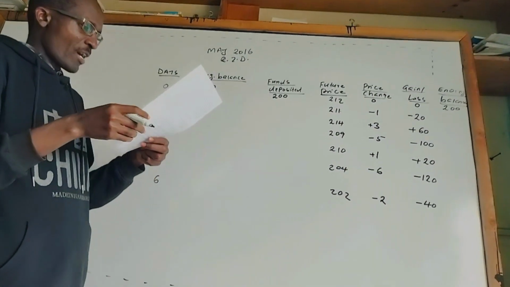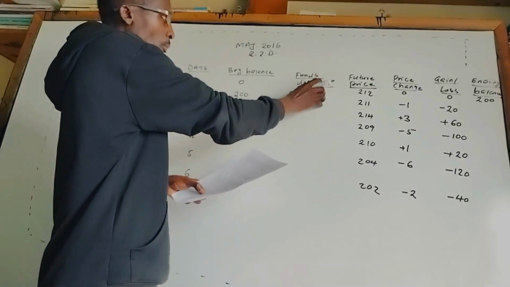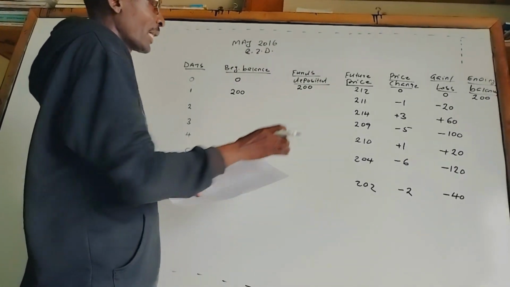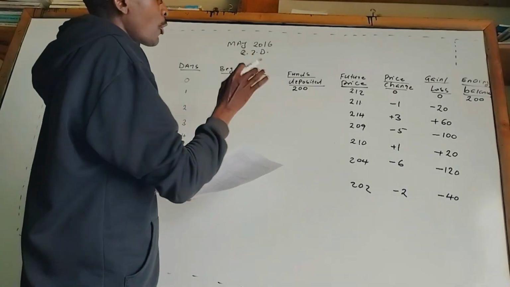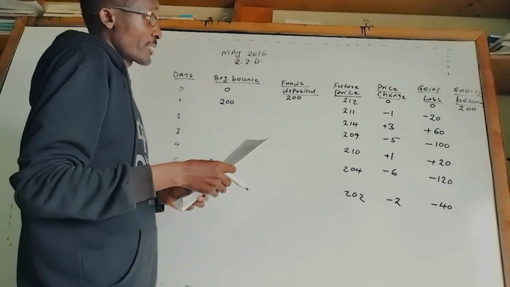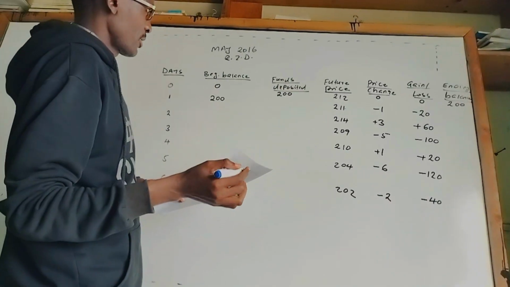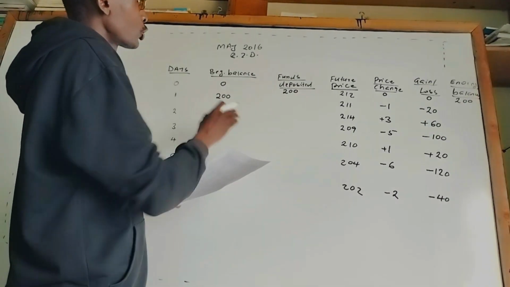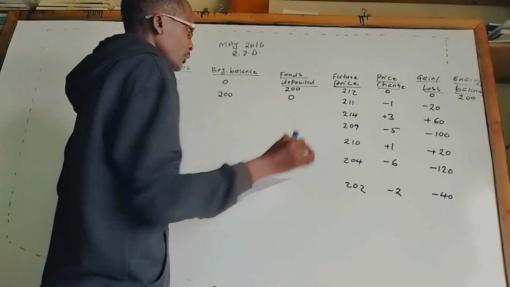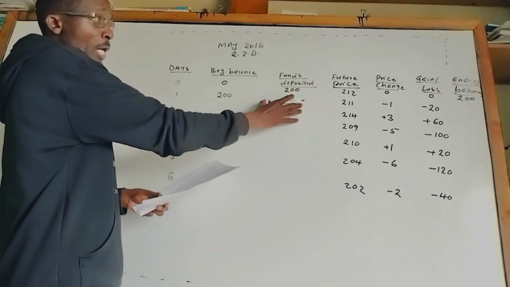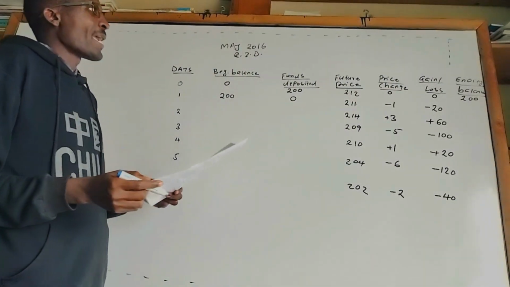Now what are the funds deposited? You see, our balance should not go below 200 shillings. If it goes below 200 shillings, then you must top up with the difference to return the balance to 200. Now if we have 200 shillings, it means we will not be depositing an amount at period 1. Let's see what will be our ending balance.